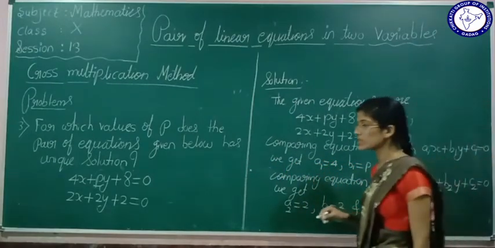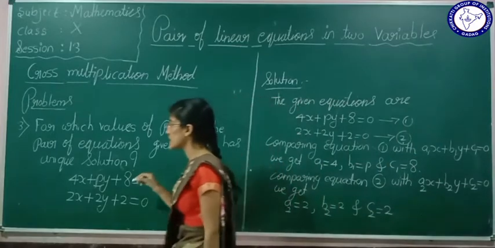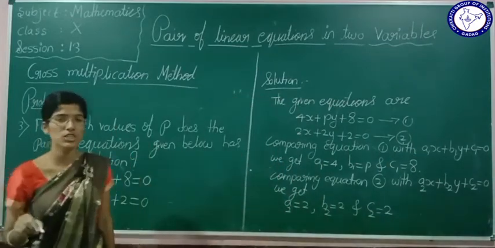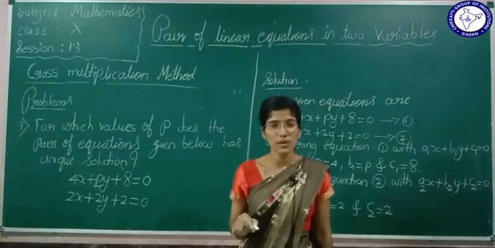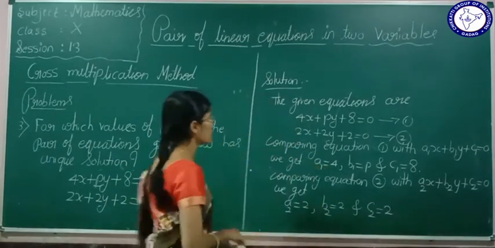Thus here we know that for a pair of linear equations to have a unique solution, what is the condition student? Just now I told, for a pair of linear equations to have a unique solution, the condition is a1 divided by a2 should not be equal to b1 divided by b2. Yes or no? So we will write that here.